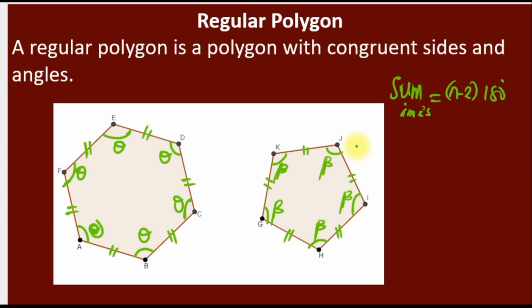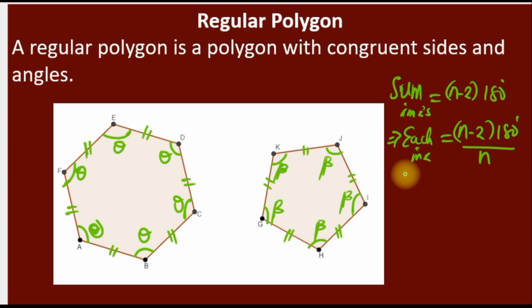As an example, if you have 5 oranges and you have 5 people to share, each of them will now get 5/5, which is 1 orange. So each interior angle of a regular polygon is now the total, which is n minus 2 times 180 over n.